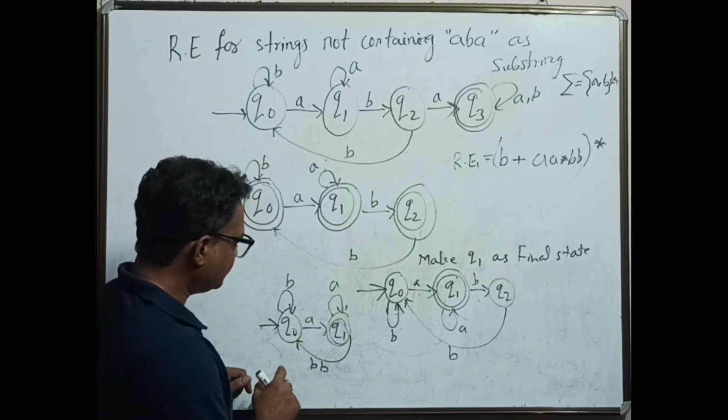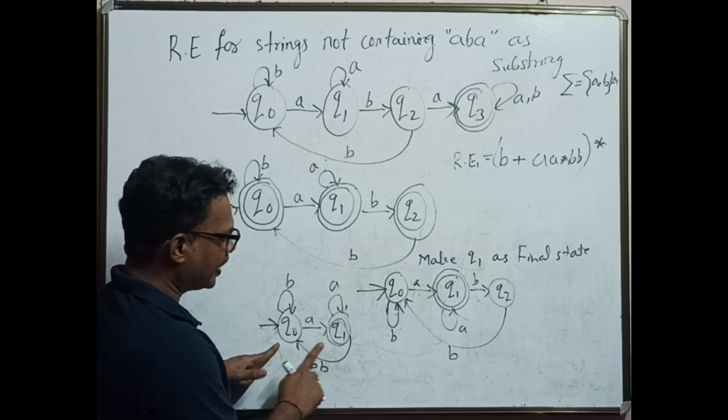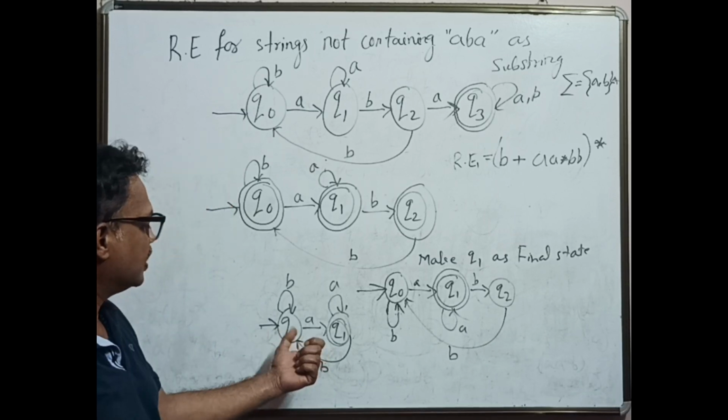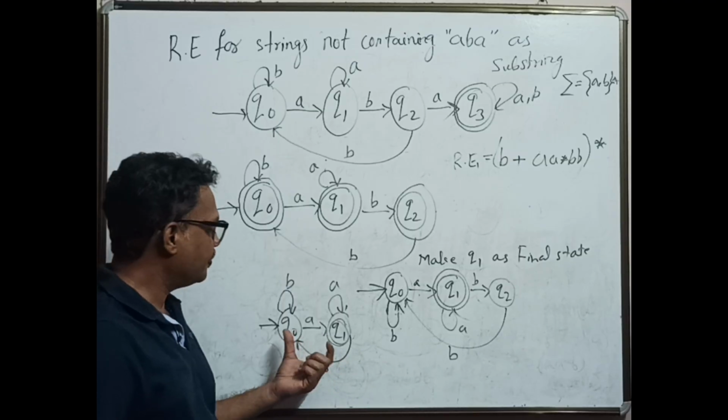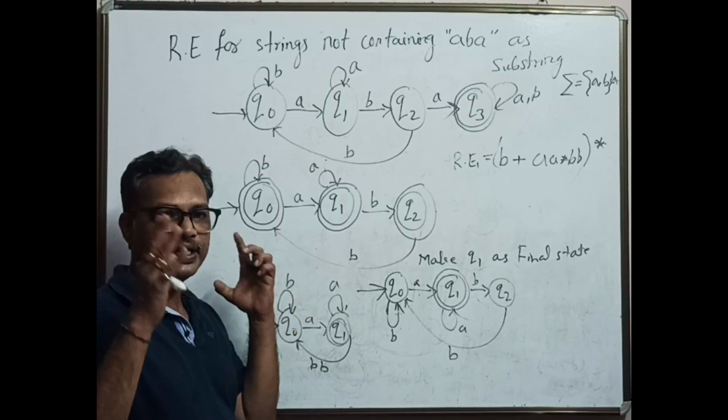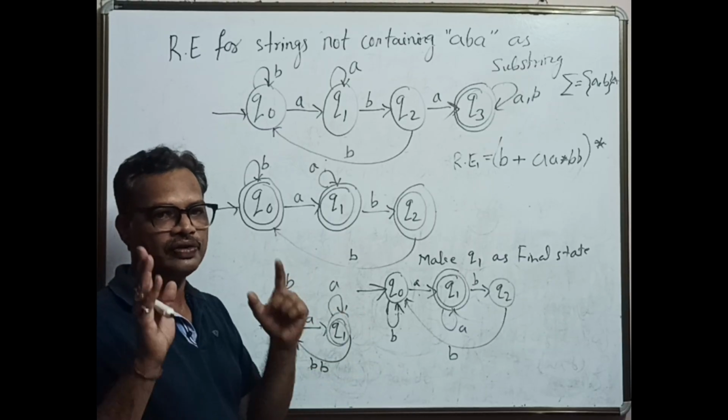Now see, we have one initial state and one final state, and in the state elimination method, beyond this we cannot eliminate. We need one initial state and one final state.